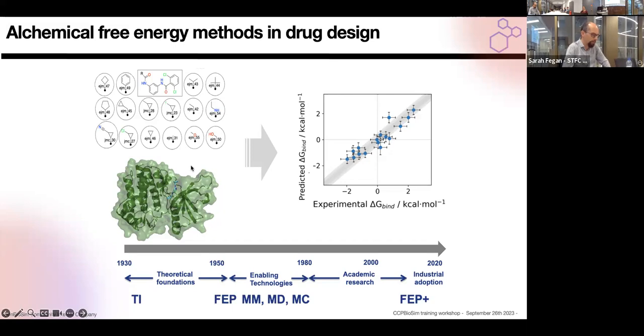So you see an example, a depiction of a protein called type 2 kinase, and this is a library of generic inhibitors. Basically, what we want through alchemical free energy methods is to take this data as input and produce as output some kind of plot like this. This is a case where things have gone well, where we can predict the free energy of binding for this series of compounds, and there's a good correlation with experiments. So we can use the methodology to prioritize compounds for actual real-world experiments.